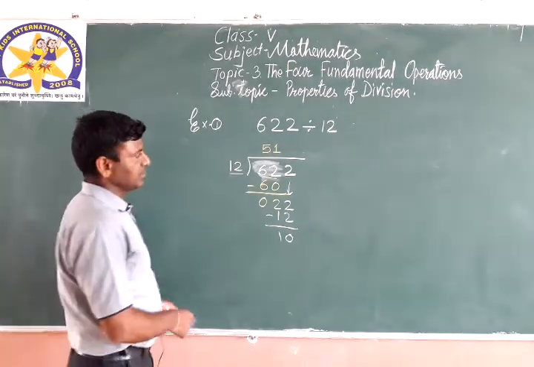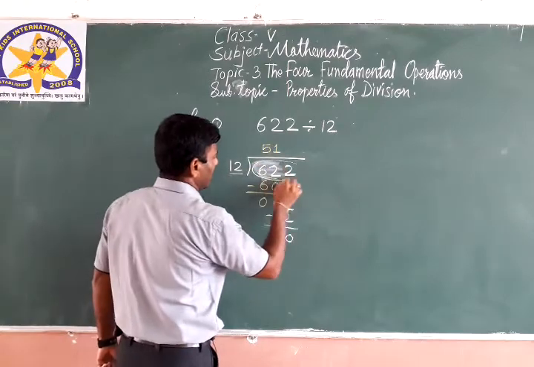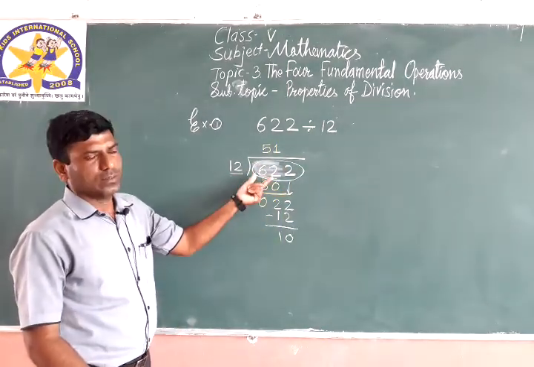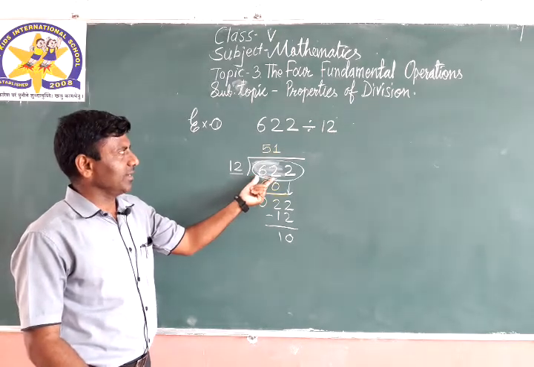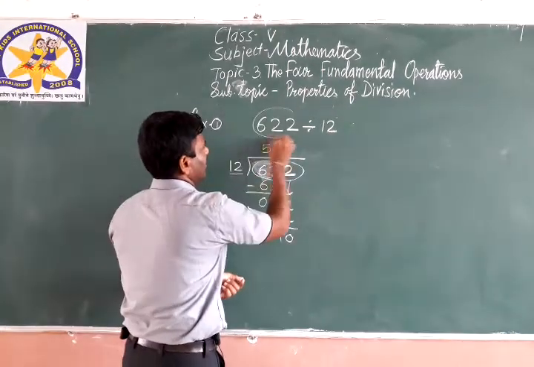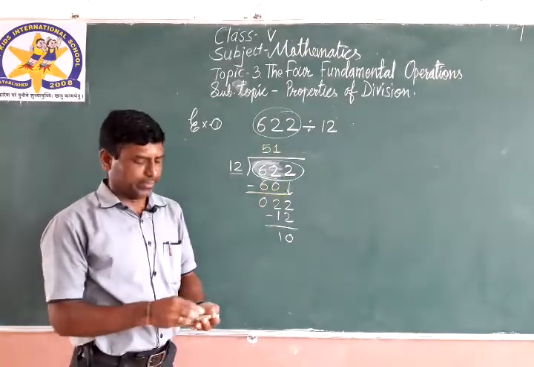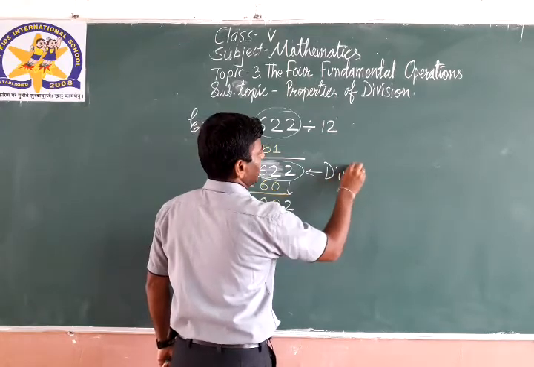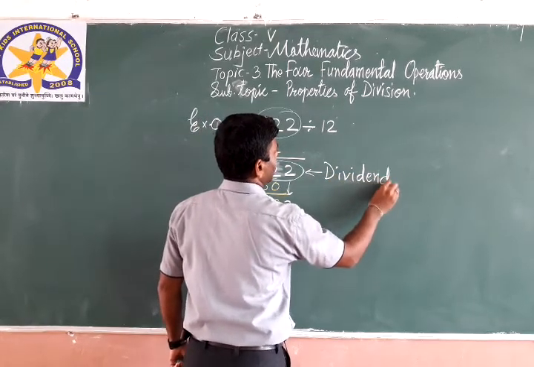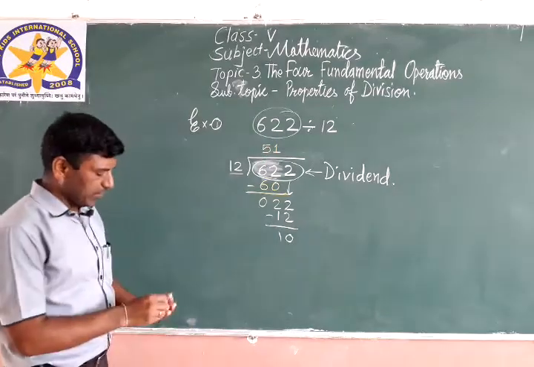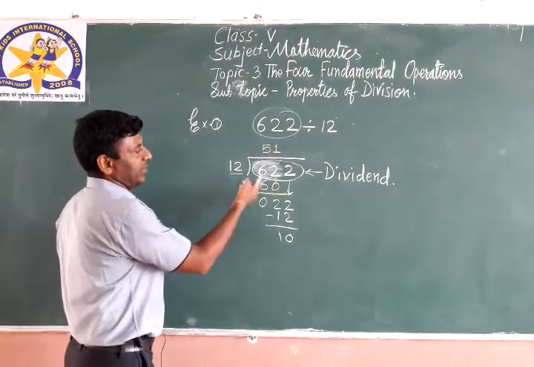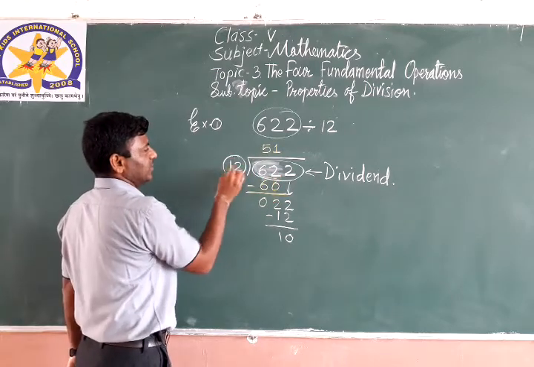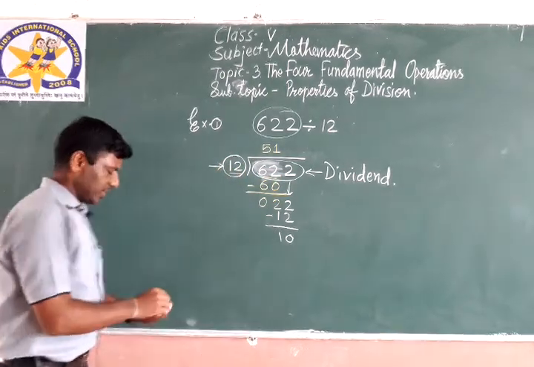Now this first term we wrote inside, we call it as a dividend. D-I-V-I-D-E-N-D, dividend. Whichever we are dividing, this dividend by this number, 12, is called divisor.